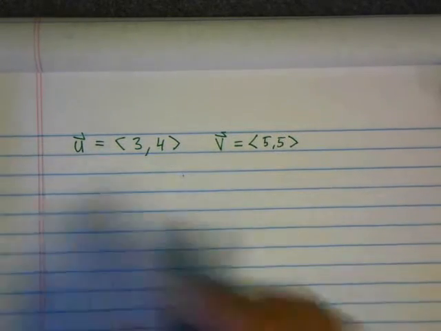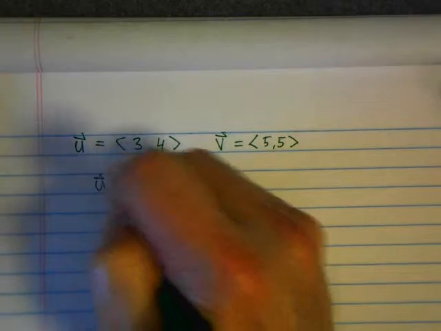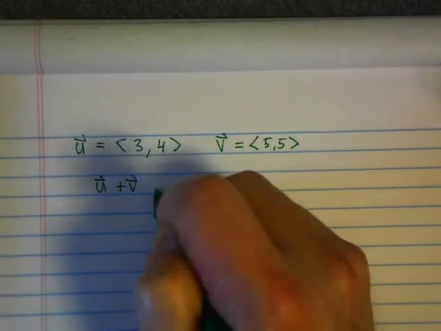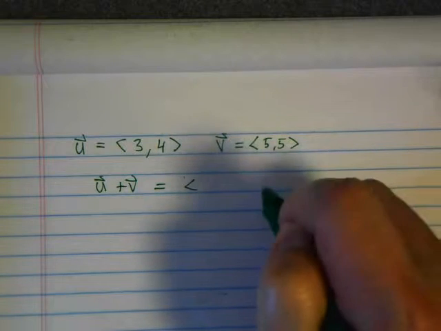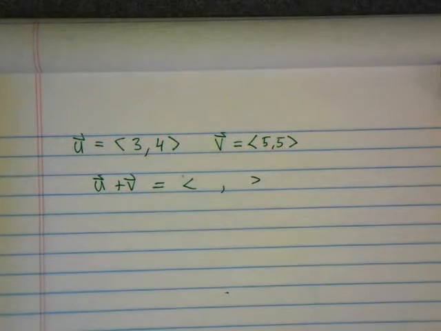I might ask you to find u plus v. And you would be very, very happy with that question, because the answer is 8, 9. You simply add the x's, add the y's, 8, 9.